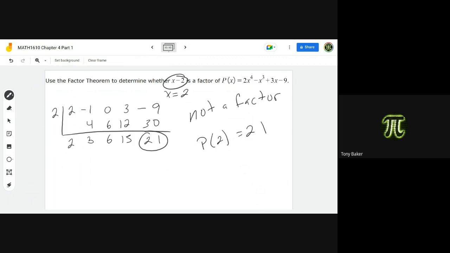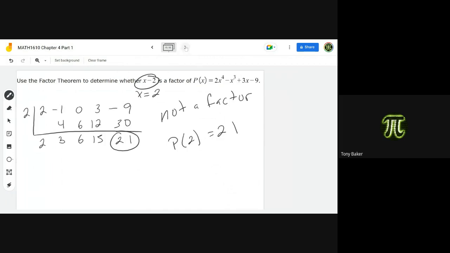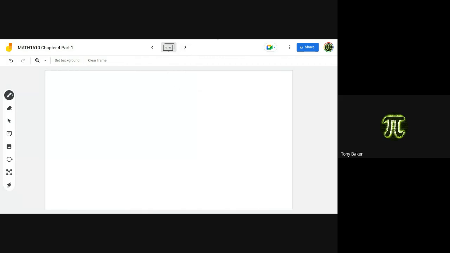The problem is that that only works well if they're whole numbers. When they are not whole numbers, it becomes a little more complicated. So let's check the next topic on this.